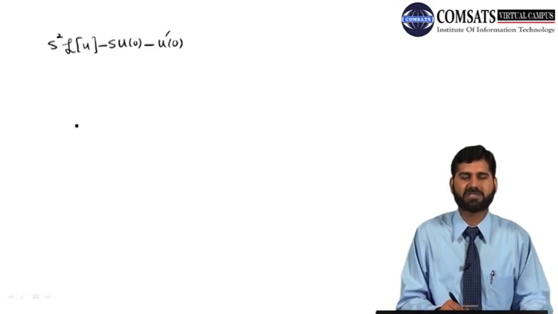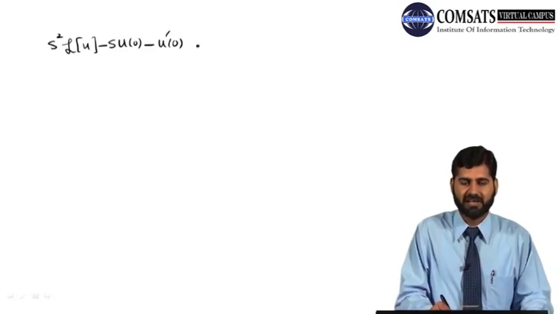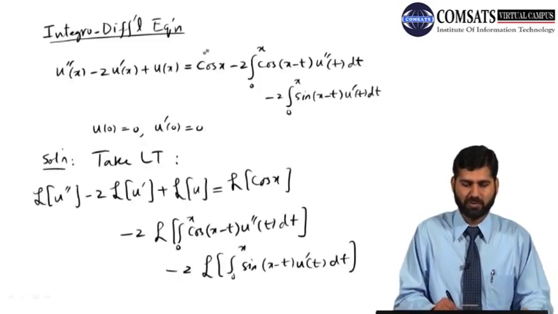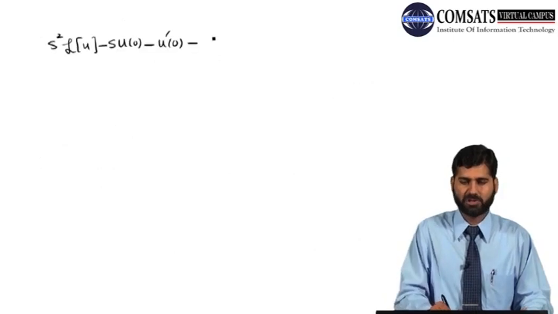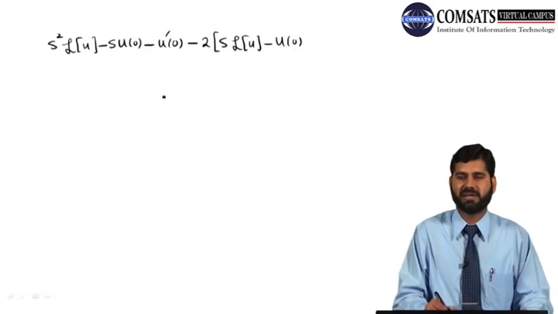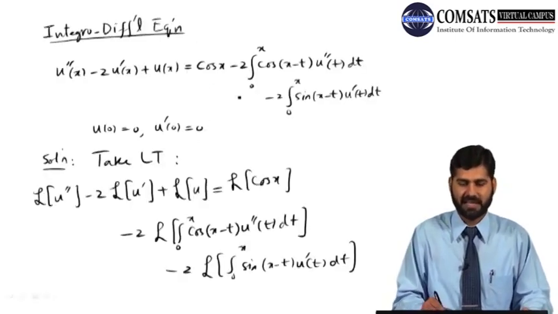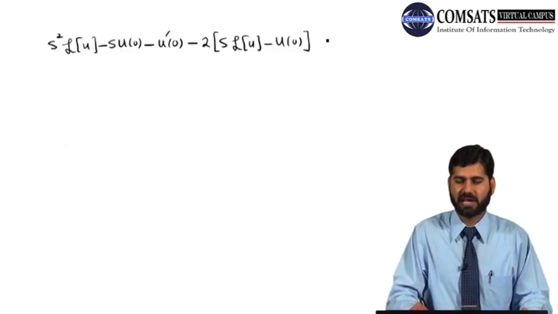This was the Laplace transform of the second derivative. Minus, we have 2u prime, so 2 times the first derivative will have s times the Laplace of u, minus the value of u at 0. This is the Laplace transform of the first derivative. And then we have plus the Laplace of u, so that will be written like this.